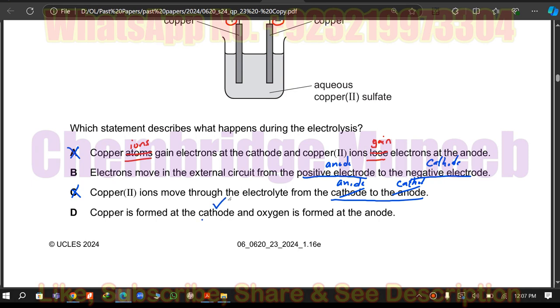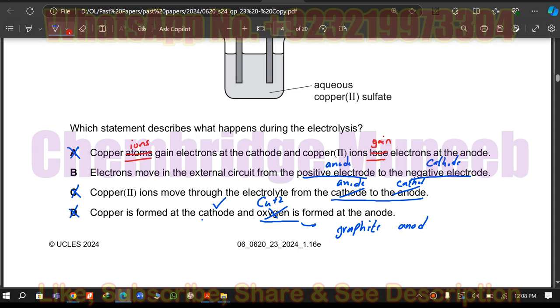That is correct, copper is formed at the cathode, but oxygen is formed at the anode. That is incorrect, because at the anode Cu2+ ions are being formed, not oxygen. This could only happen when we would be using graphite as the anode, which is not the case here. So that's why D becomes the wrong option. The only right option is B.